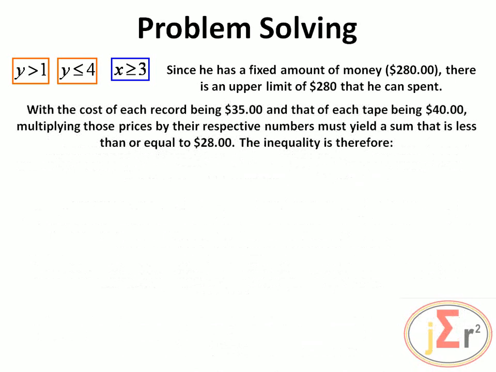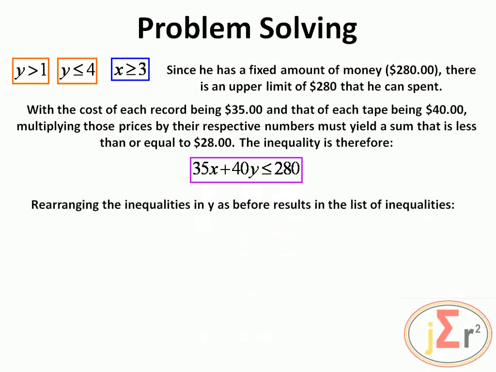Therefore, with the cost of each record being $35 and that of each tape being $40, multiplying those prices by their respective numbers must yield a sum that is less than or equal to $280. The inequality is therefore 35x plus 40y is less than or equal to 280.